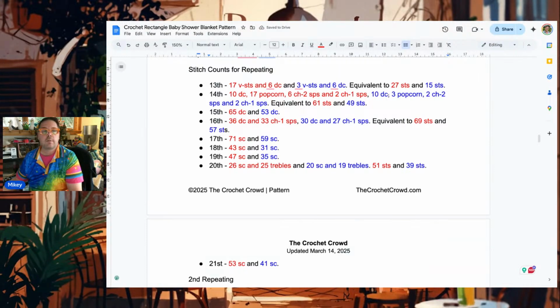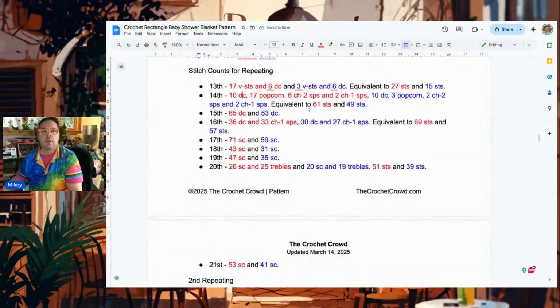The rest of it is the same. 61 and 49, equivalent to number 13, is equivalent to 57 and 45.